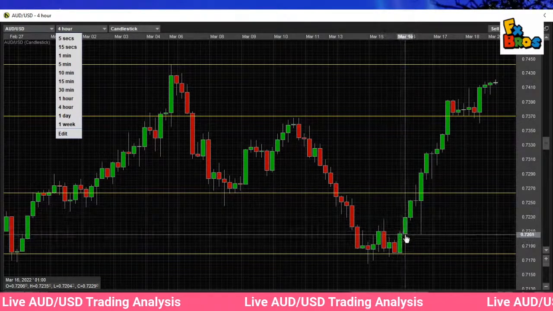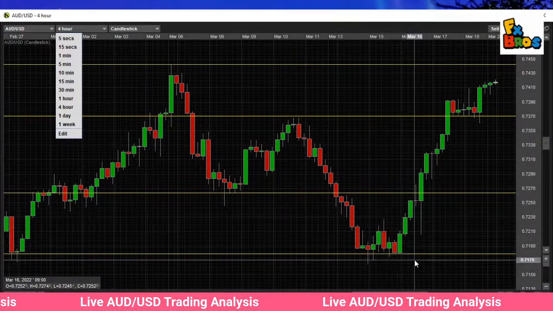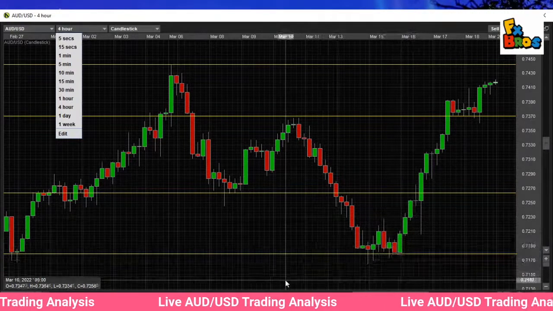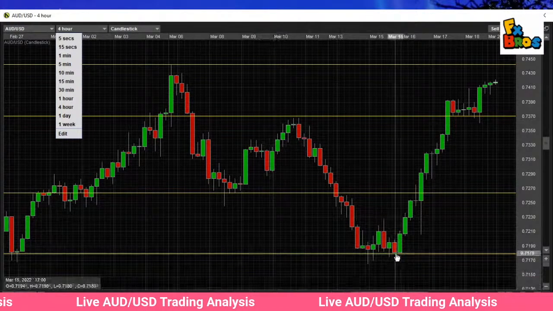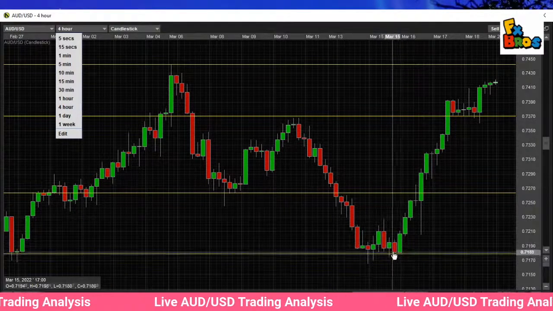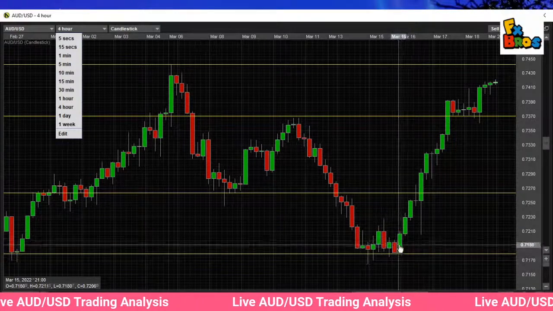Even though I know it may come down here and take these stops out, I still know overall the market is bullish from that daily double bottom that happened in January. So when you have all those levels of confidence and confirmation, you can start looking at buys real strong in this area.